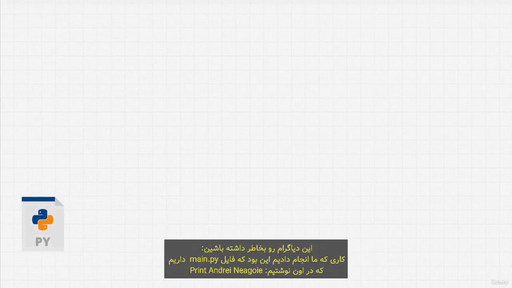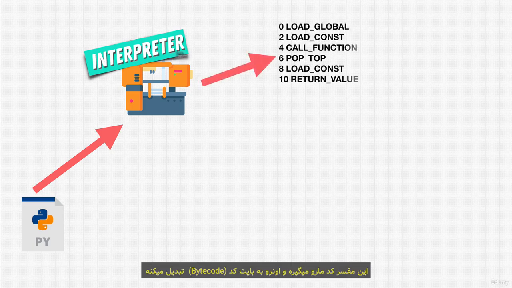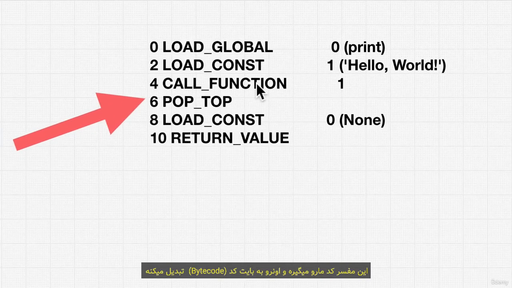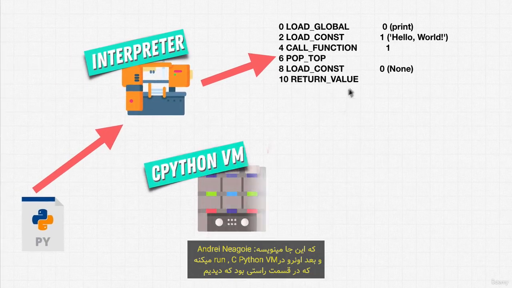Remember this diagram. All we've done is we have our main.py, where we wrote print Andre Nagoye. We gave it to the interpreter that the REPL already provides for us. That interpreter takes our code, converts it into bytecode, and then runs it in the CPython VM, which was on the right side that we saw.